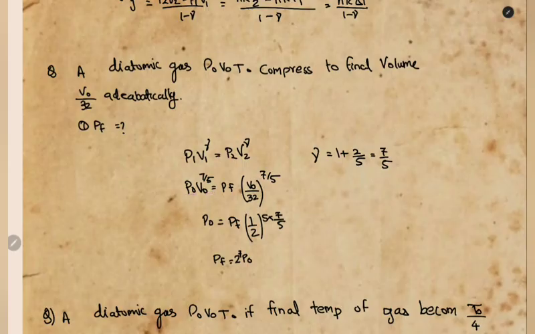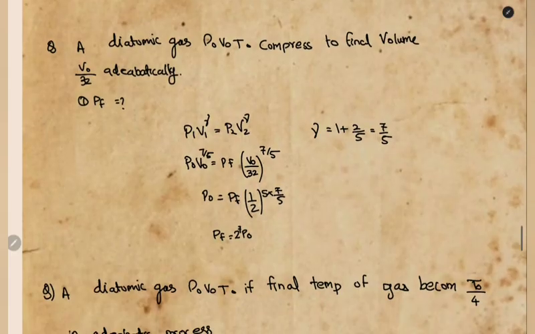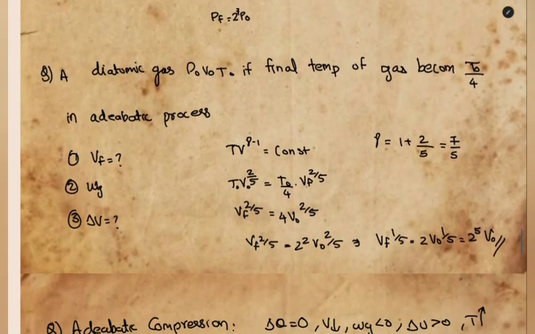And what is the gamma value for diatomic gas? You can either remember it from the table or the formula, which is 7 by 5. Just put 7 by 5 in both the terms, and you will finally get the relation of final pressure, which is 2 to the power 7 P naught.